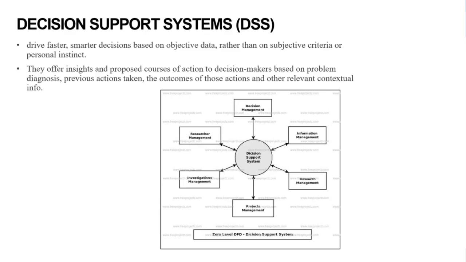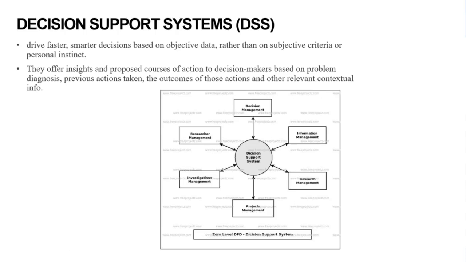Decision support system. Basically, the goal of these technologies is to help in supporting decisions by managers, by team leaders, by executives of companies. And these are very, very relevant information systems today.